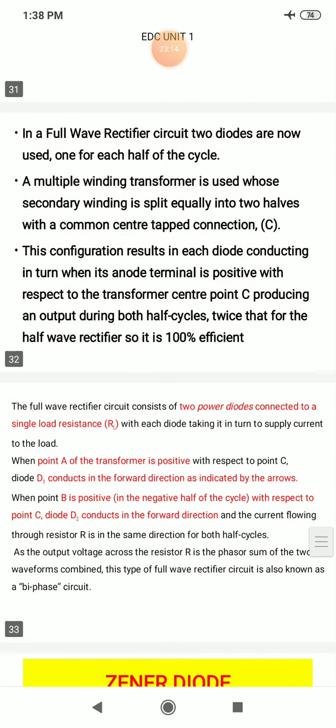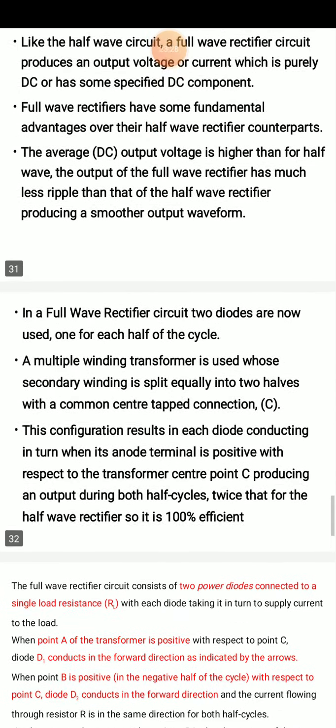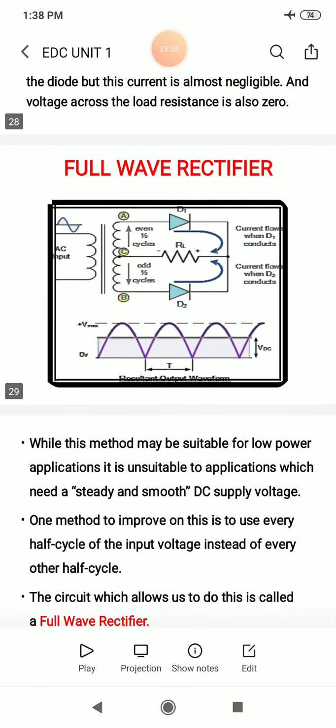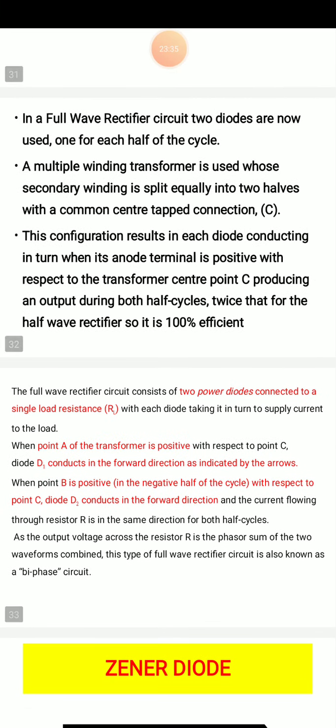Next, when point B is positive in the negative half cycle with respect to point C, diode D2 conducts in the forward direction. The current flowing through the resistor R is in the same direction for both half cycles.